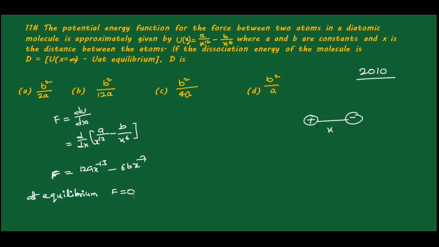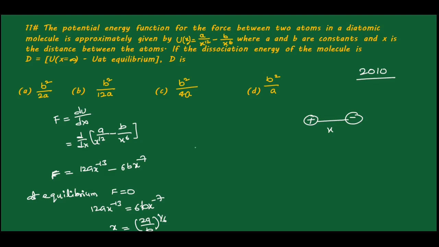That is called equilibrium. F equal to 0 means substitute 0 in the above equation, then you will get 12a x^-13 equal to 6b x^-7. After simplifying, x is equal to (2a/b) to the power 1/6. So this is the equilibrium position, where the force is 0.